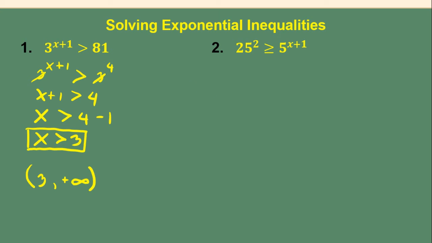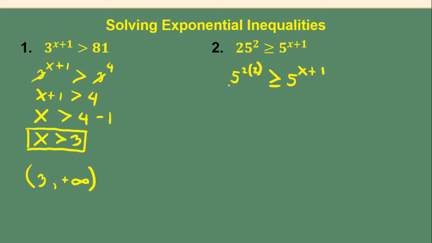Okay, number 2, 25 squared is greater than or equal to 5 raised to x plus 1. So we can express 25 as 5 raised to 2 because 5 times 5 is 25. And then raised to 2, then greater than or equal to 5 raised to x plus 1.